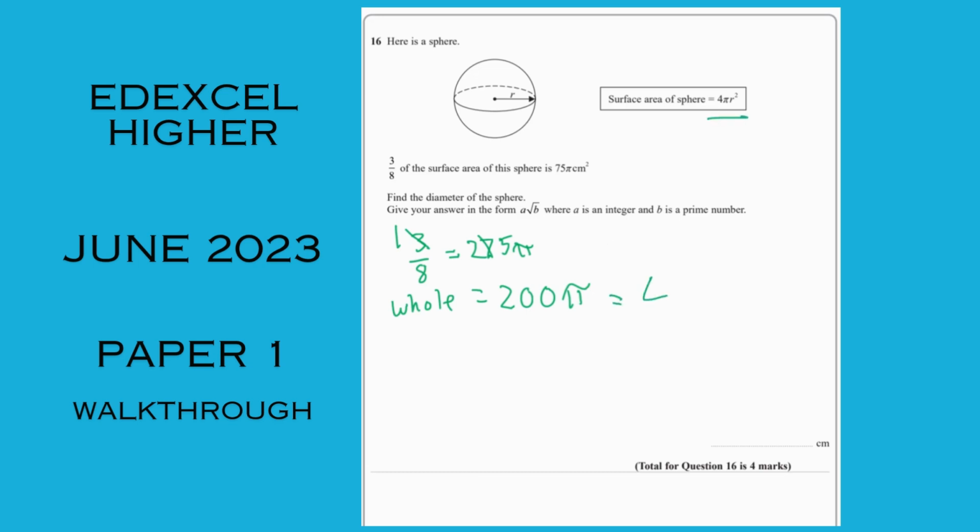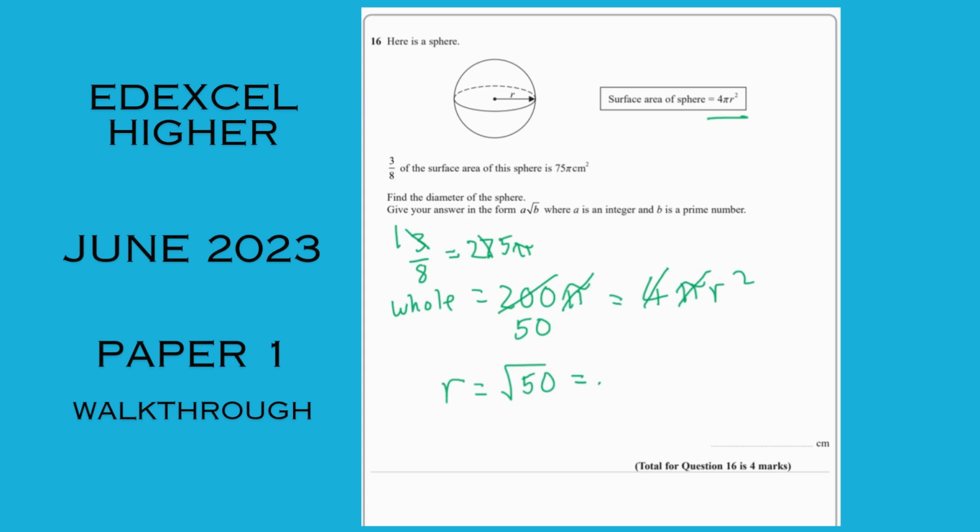which equals 4 pi r squared. We can get rid of the pi's. We can divide by 4. And now we square root. So the radius is the square root of 50.